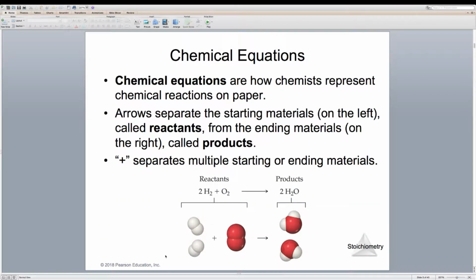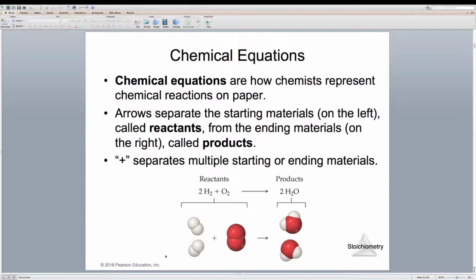So when we talk about chemical equations, we are talking about the basic formatting that we will be using throughout all of your chemistry courses on how to represent the reaction on paper when you're writing it. When we have an arrow, the arrow separates the reactants, or the elements and compounds on the left of the reaction, or what we start with, from what is produced, or the products, and that's why we call them products.